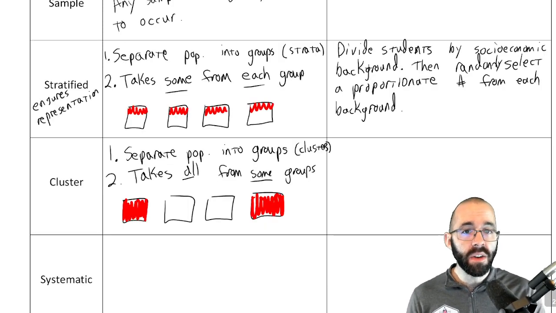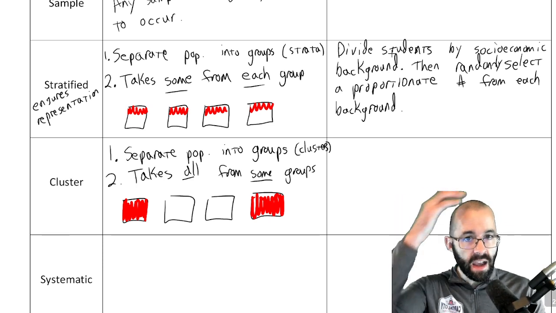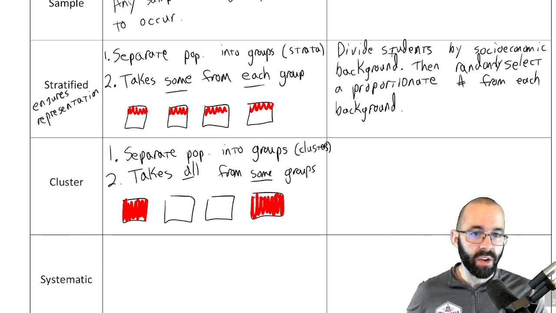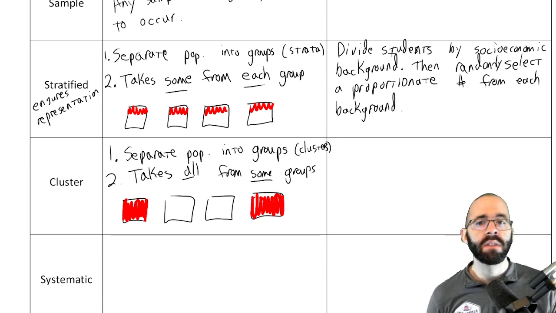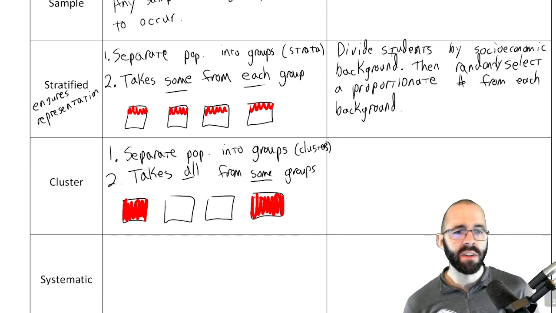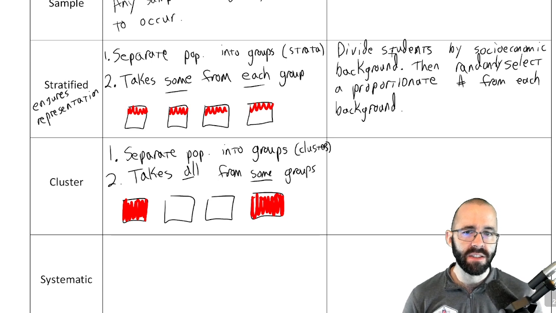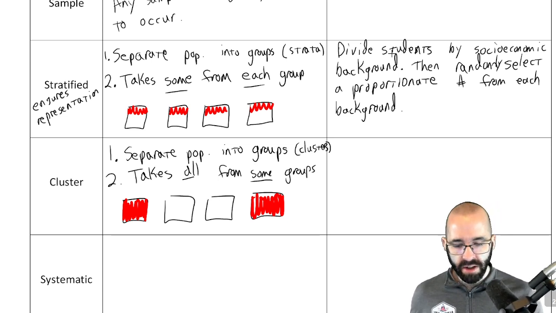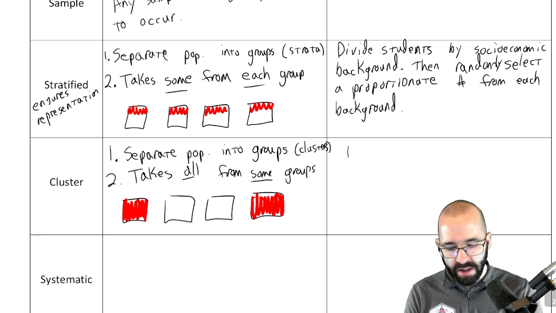Cluster will be similar. We could also divide them by socioeconomic background and choose every student from some backgrounds, or we could do a different cluster. The rationale behind choosing these is usually a little different. So for our cluster sample, let's say that we could divide students into pathways.